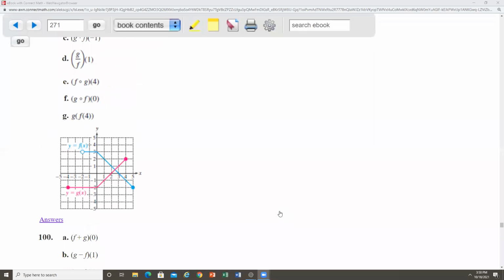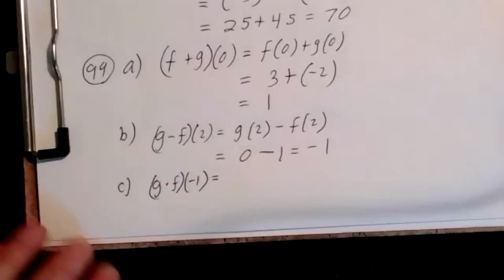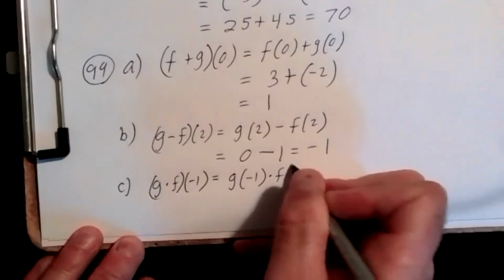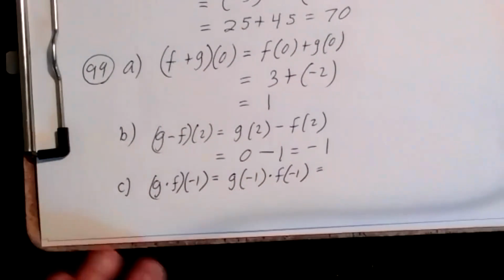All right, let's try C. For C, they want you to find g times f of -1, which is really g of -1 times f of -1. But we got to find what g of -1 and f of -1 are.